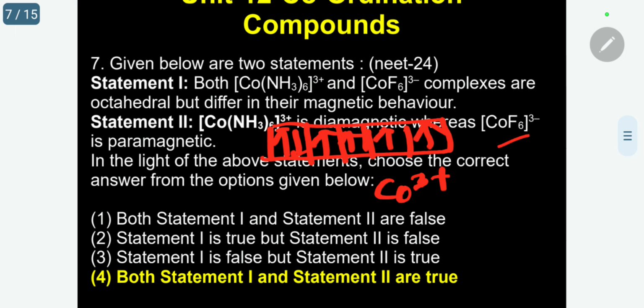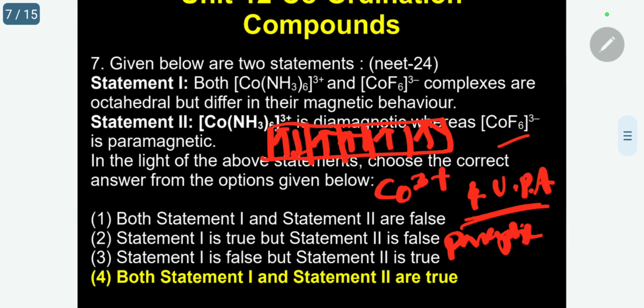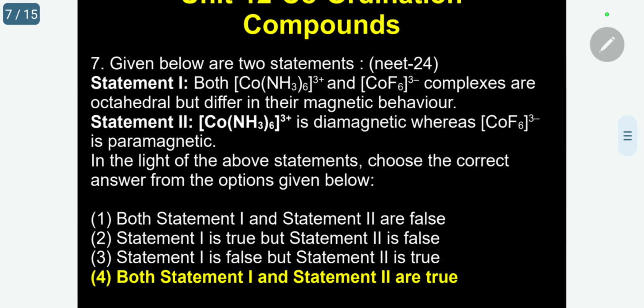The ligand F is a weak ligand, so it will not pair, so there are 4 unpaired electrons. Four unpaired electrons means it is paramagnetic. So the complex Co(NH3)6 3+ is diamagnetic, and CoF6 3- is paramagnetic. So magnetically they are different. So both statement 1 and 2 are true. This is the correct one.